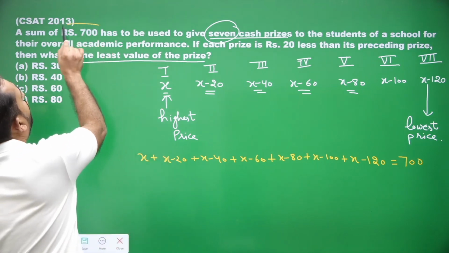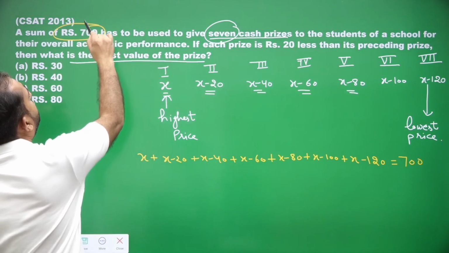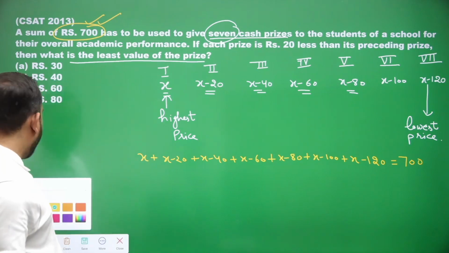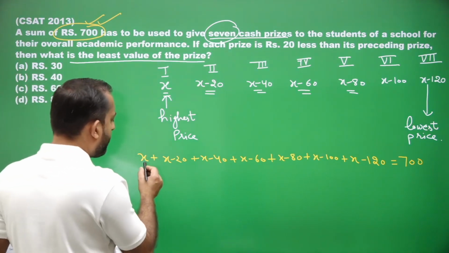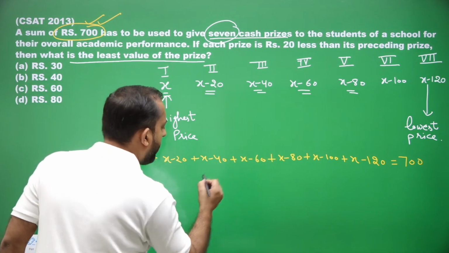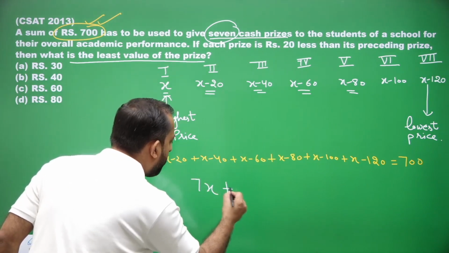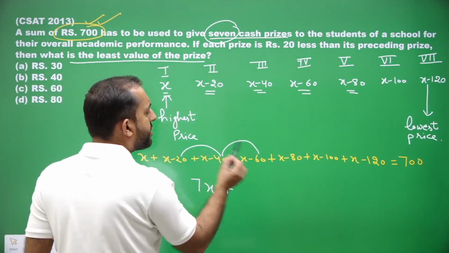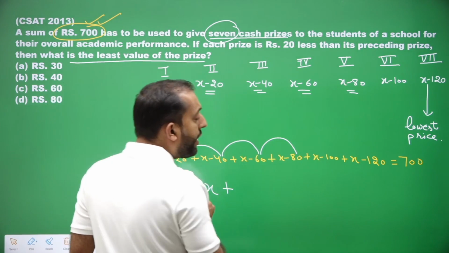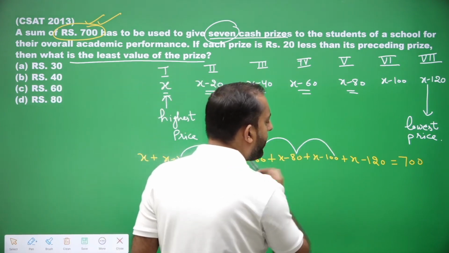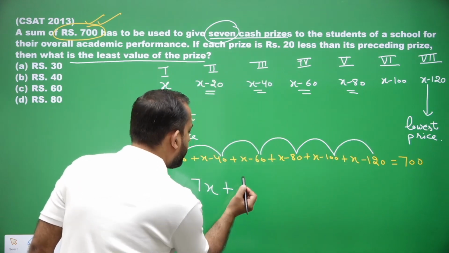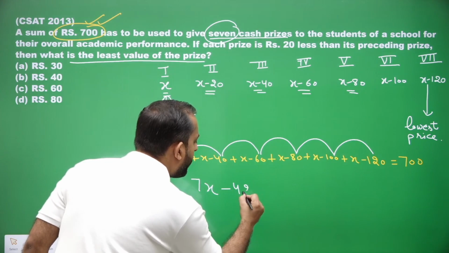Because the total money that has been distributed is 700 only. If you add them, it will become 7X plus 20, 40, 60, 120, 200, 300, 420. It is 420 minus 420.